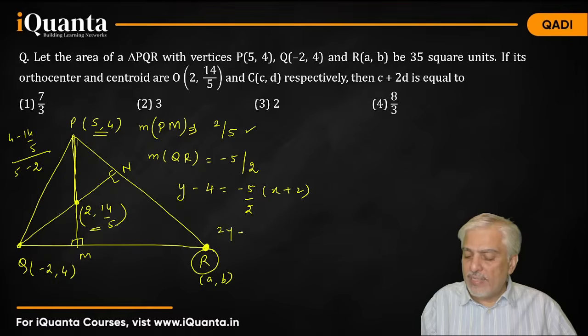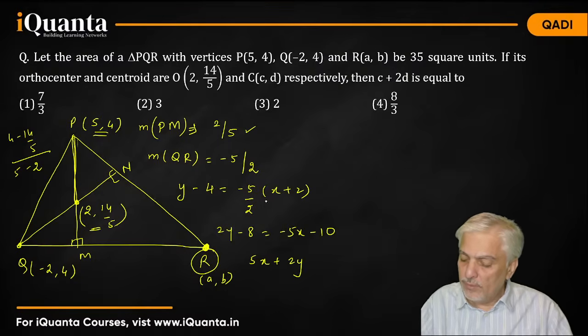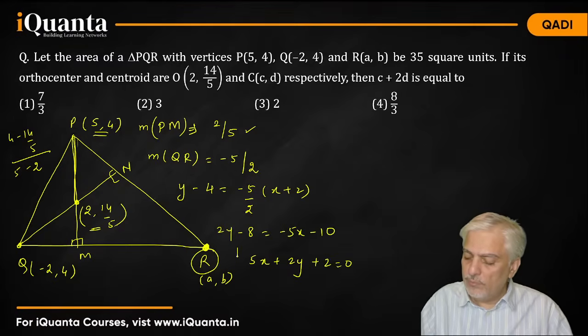So 2y minus 8 is negative 5x minus 10. So we've got 5x plus 2y plus 2 is equal to 0.